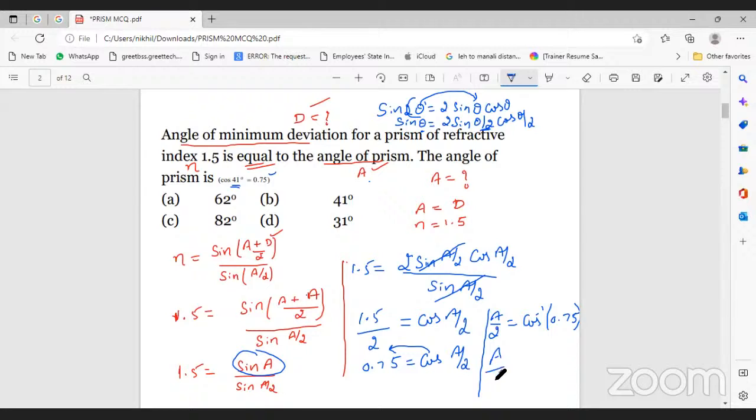So A by 2 should be equal to cos inverse 0.75, which is 41 degrees. So what is 41 into 2? 82 degrees. So which is the right option? Option C.